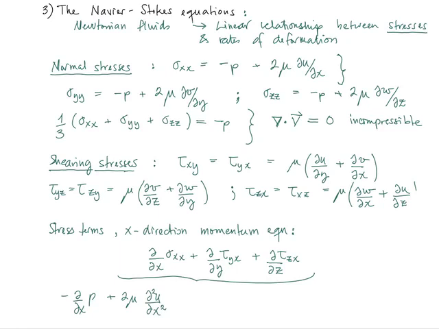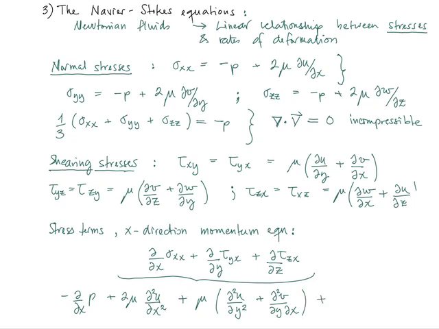Now if I look at the second stress term, d dy of tau yx, I have mu multiplied by second order derivatives: the second order derivative of u with respect to y, and a mixed derivative involving y, so the second order derivative of v with respect to y and x. So that's the second stress term.